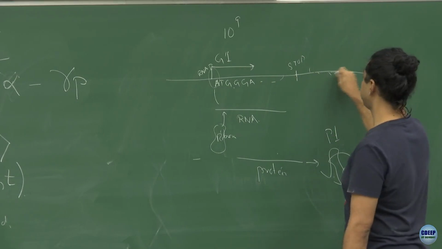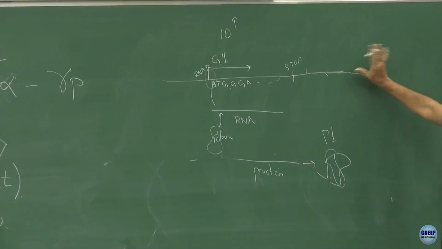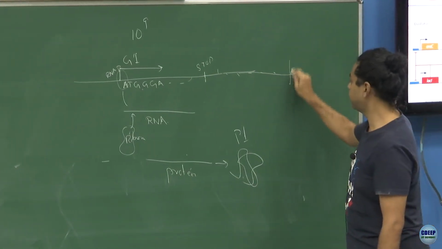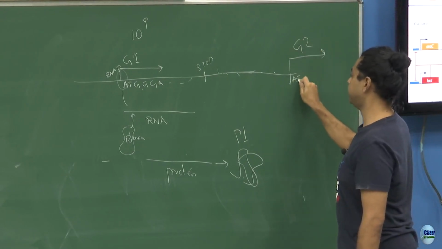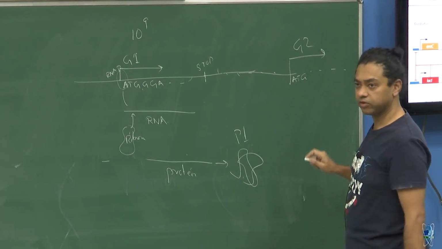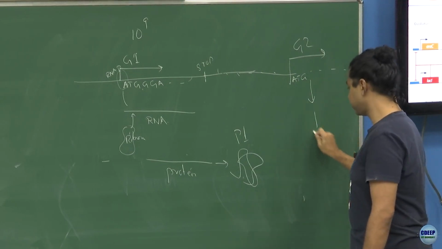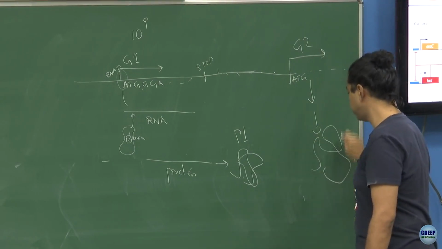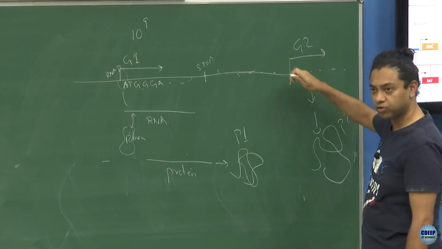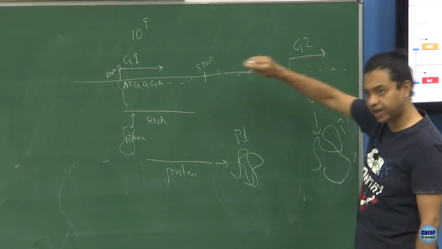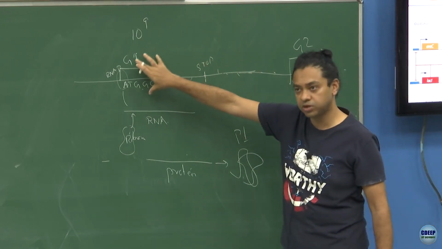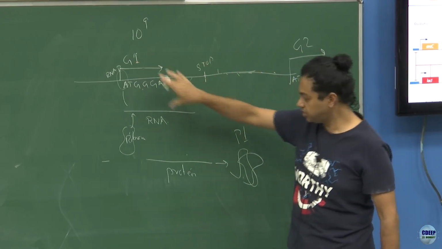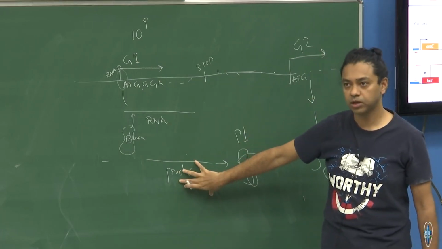Then you have many non-coding sequences, and then another region where gene 2 starts. Again you have an ATG followed by other sequences. It goes through the same process and produces a different protein P2. All of this information is there in your genetic code. There are different regions which correspond to different genes, and each gene produces a particular protein.